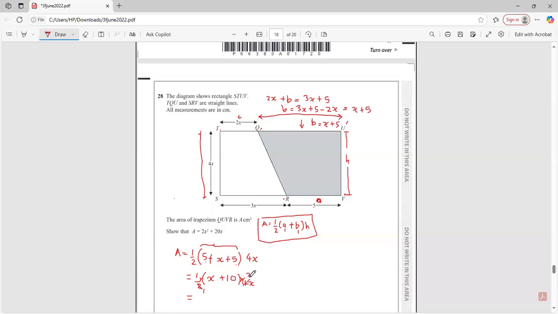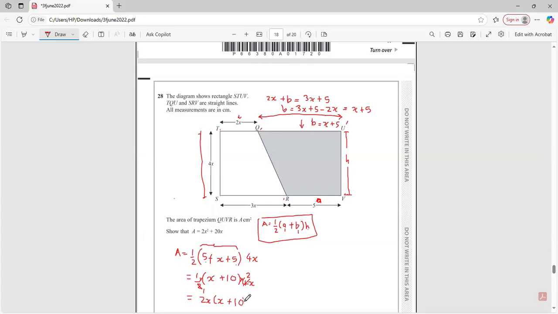So what am I left with at the end of the day? 2x outside, into brackets, x plus 10.